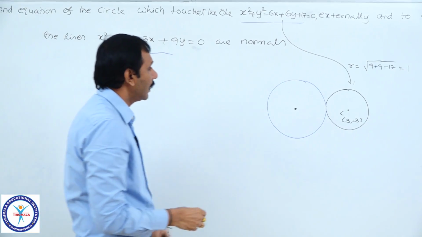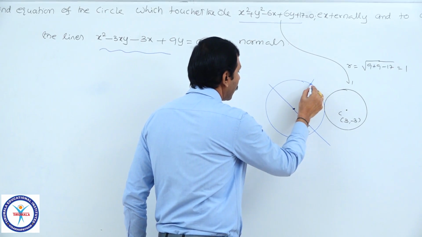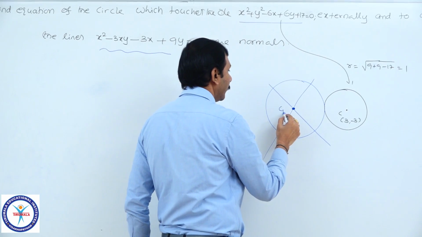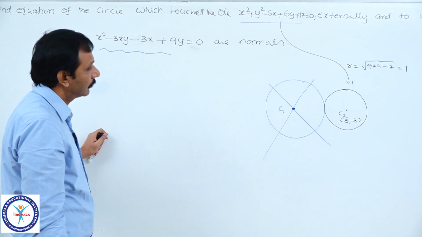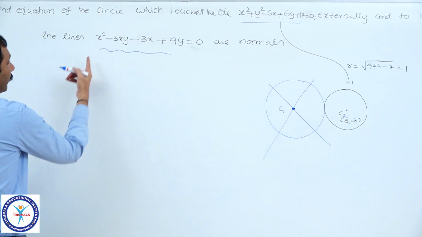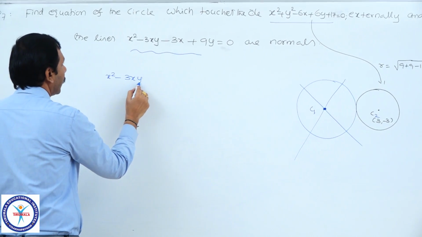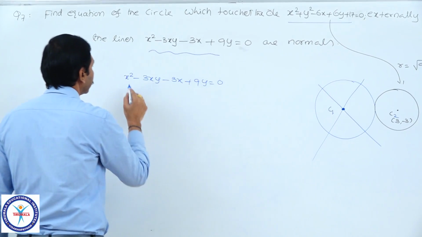Because these are the normals, both are passing through the center, this is one normal and this is another normal. I will find the center if I solve them. Let it be C1 and C. Let us find that center here. x square minus 3xy minus 3x plus 9y equal to 0.